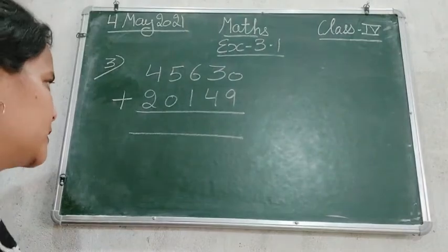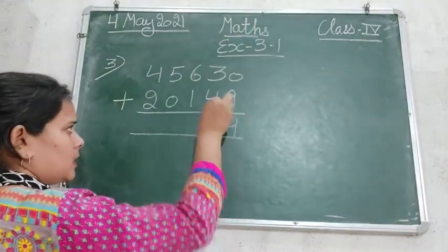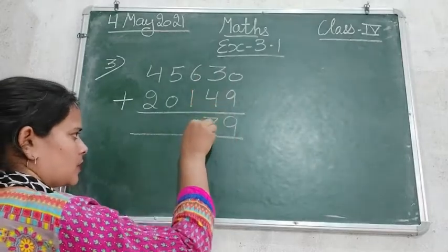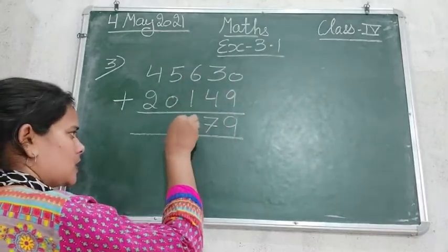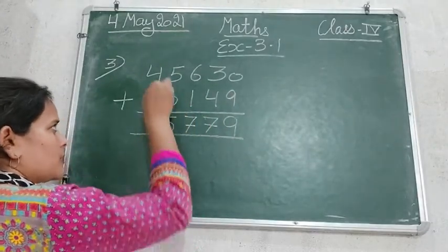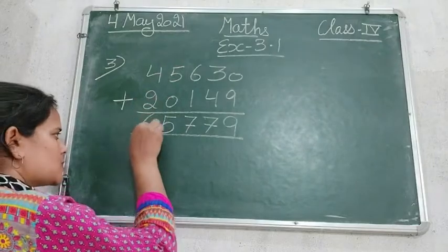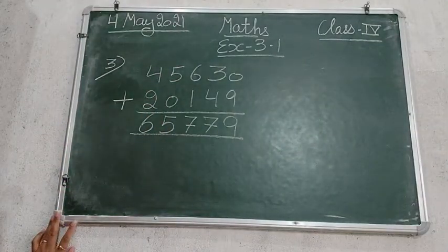0 plus 9, 9. 3 plus 4, 7. 6 plus 1, 7. 5 plus 0, 5. 4 plus 2, 6. So this is also an addition without carrying.